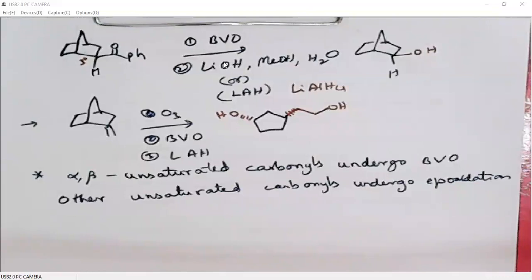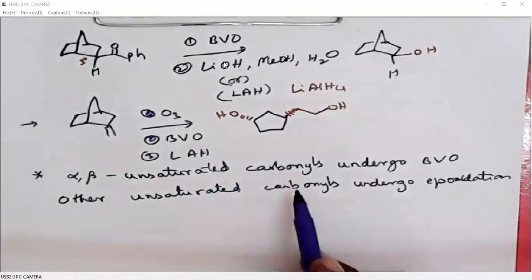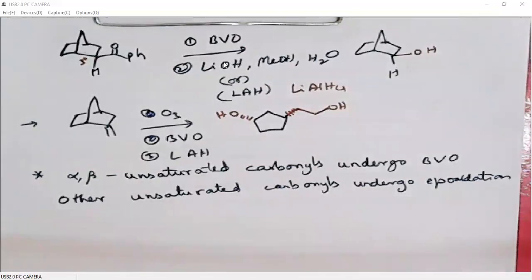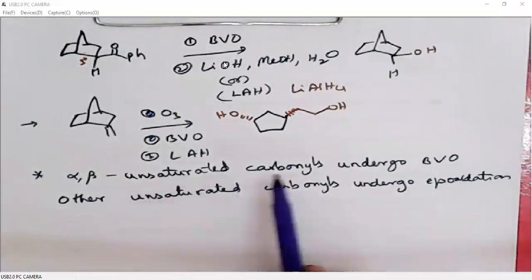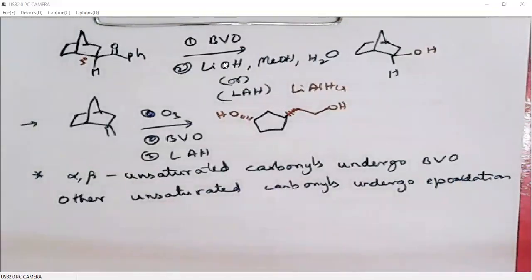Sometimes there may be an exception also. This rule is applicable for 95% of the molecules. Alpha beta unsaturated carbonyls will undergo Baeyer-Villiger oxidation, whereas other unsaturated carbonyls, that means a double bond and a carbonyl both are there, then they may undergo epoxidation. Okay, it is not 100% true also.